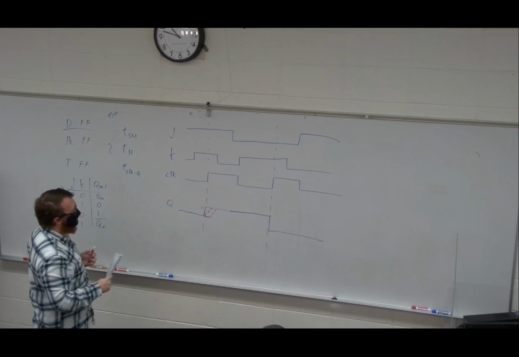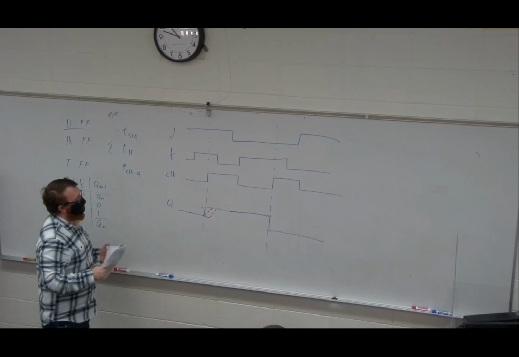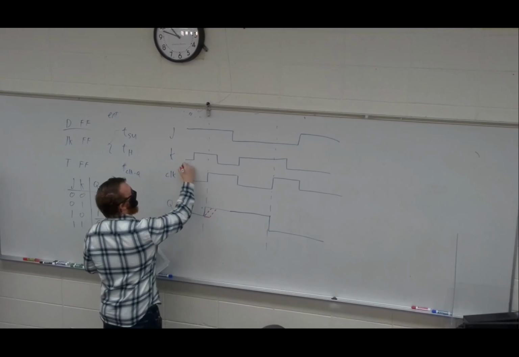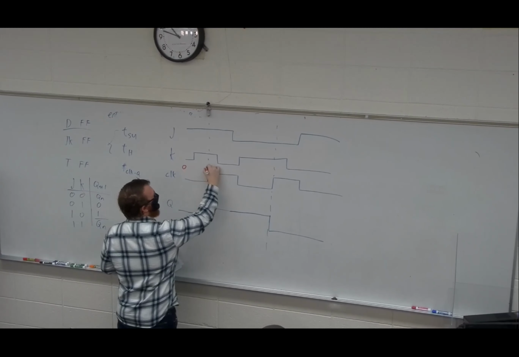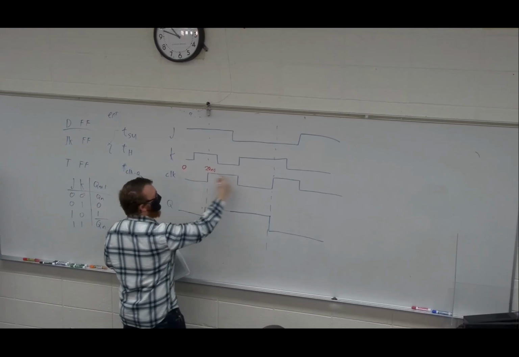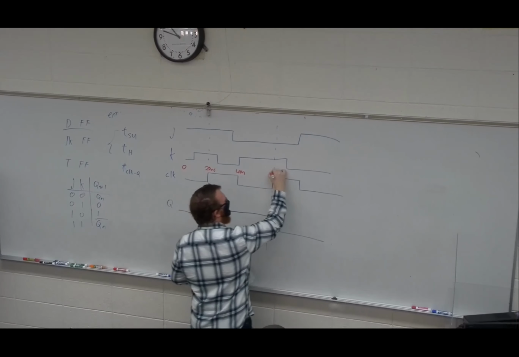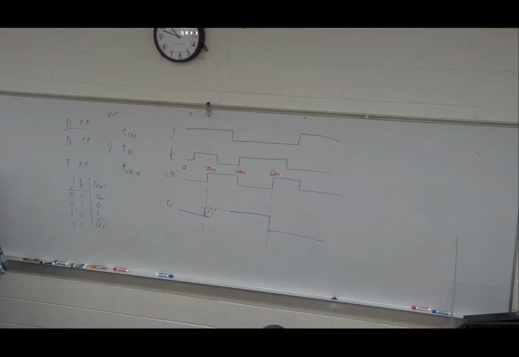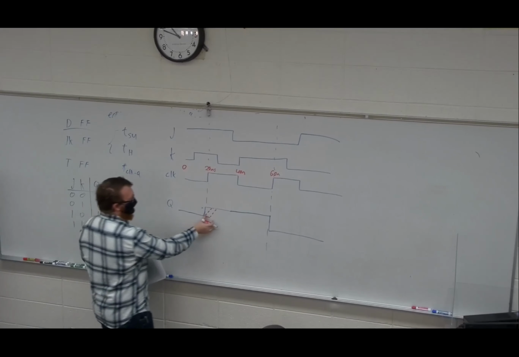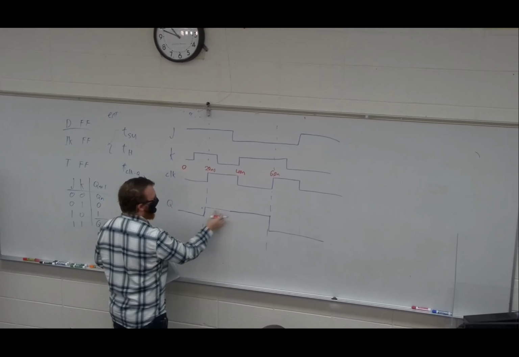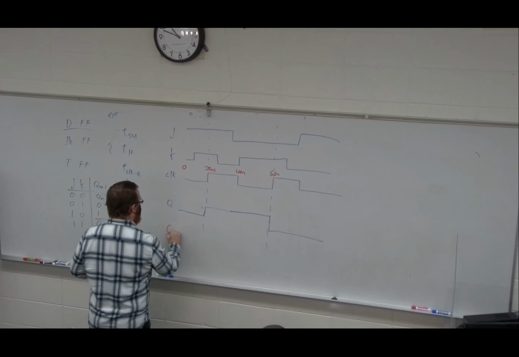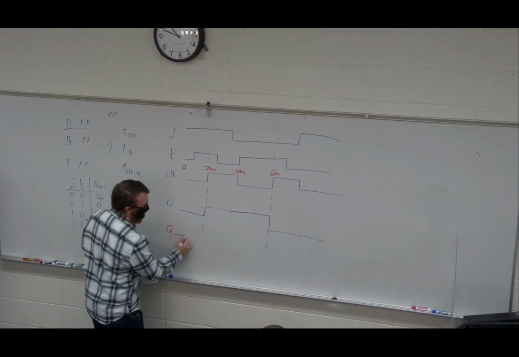So we can go further and say, well, what if this is time 0, this is 20 nanoseconds, 40 nano, 60 nano, right? And I say that my clock to Q delay is 10 nanoseconds. Maximum, let's say. Let's say my max clock to Q is 10 nanoseconds. And I'm going to do that on a new Q line. So I come along at 0.